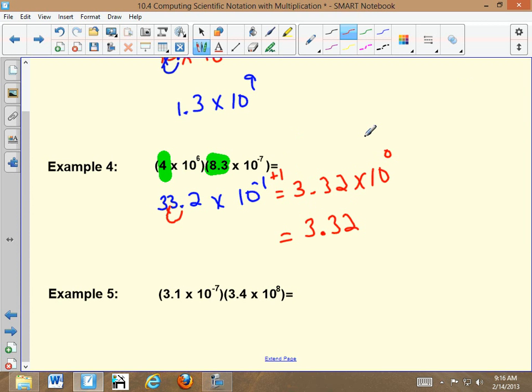That's your answer, 3.32. You don't have to write 3.32. You can write 3.32 times 10 to the 0 power. That's okay. So you don't have to solve it. I'm not going to require you to simplify that. This will be fine, okay?